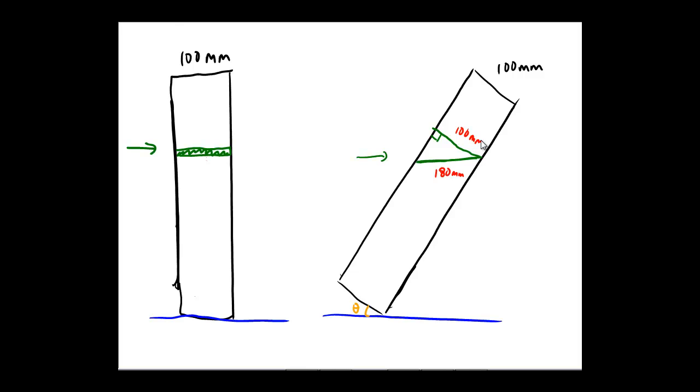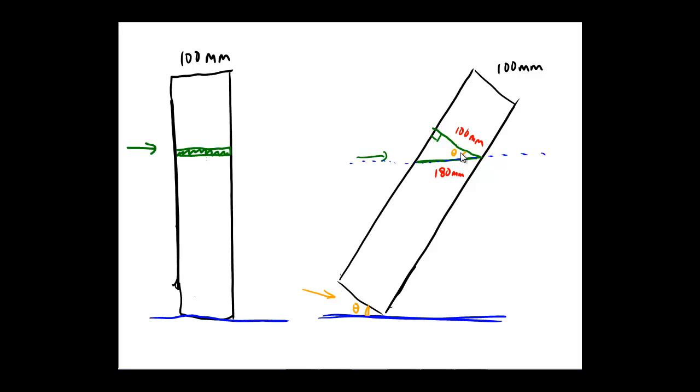And now, thanks to the fact that this blue line is horizontal and this blue line is horizontal, that means that the angle that we're looking for right here is actually congruent to the angle that's located inside of the triangle right there. And so the problem of finding the angle wished down here just turns into finding the angle in this particular right triangle that's drawn in green inside of the actual bar of metal.